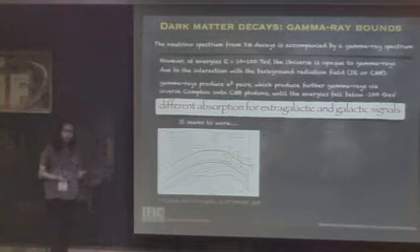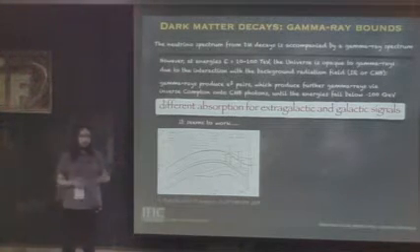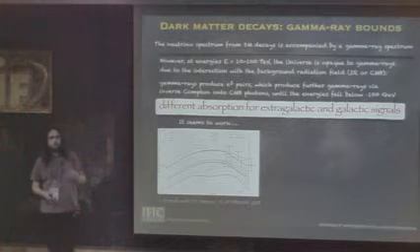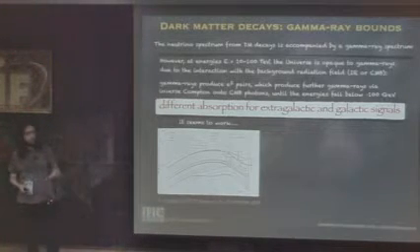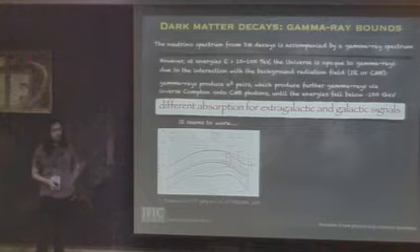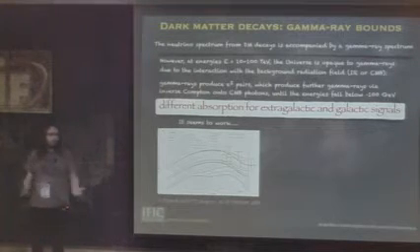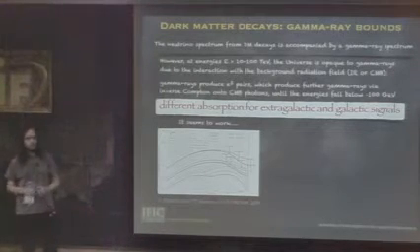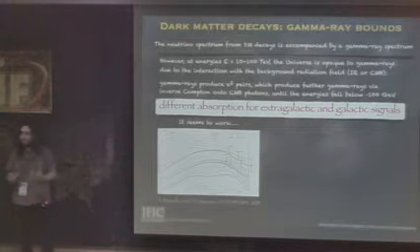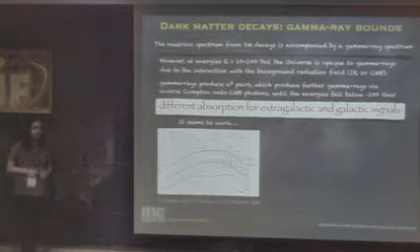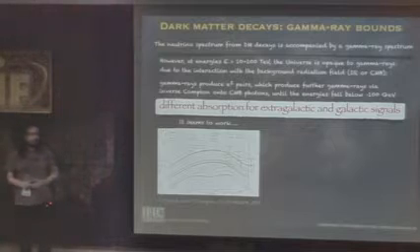Those charged pions would decay and produce neutrinos, but along with the charged pions, neutral pions are also produced, and those decay and produce photons at this energy, gamma rays. You can think of any possible dark matter decay channel, and you will always have a flux of gamma rays accompanying the flux of neutrinos.